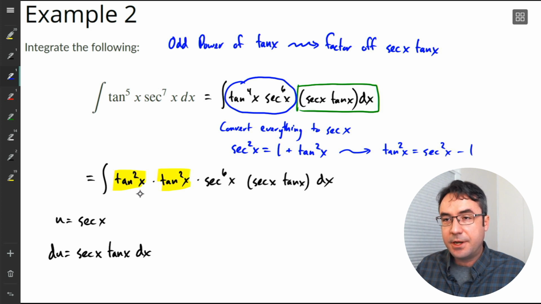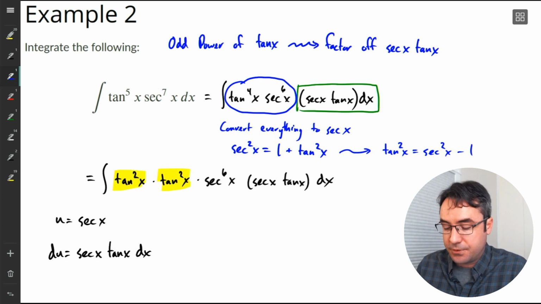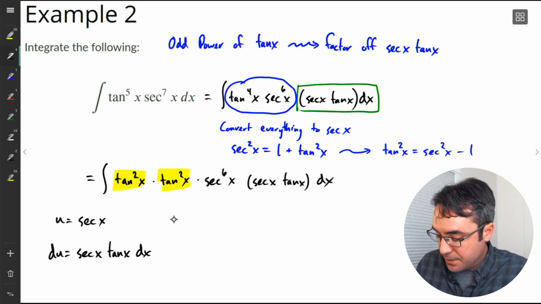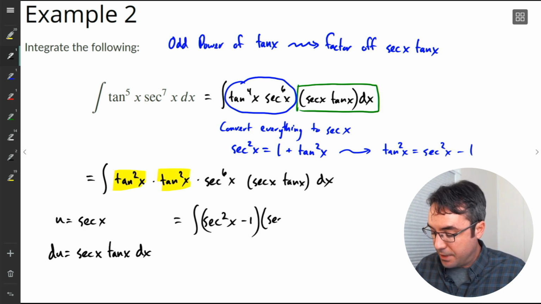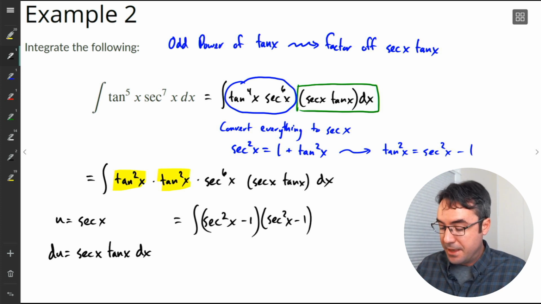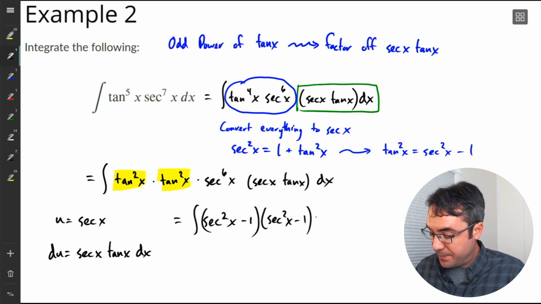So going down here, let's fill that in for tangent squared. We're going to end up with secant squared x minus 1. That's our first tangent squared. Then another one, secant squared minus 1. Then we have our secant to the power 6.